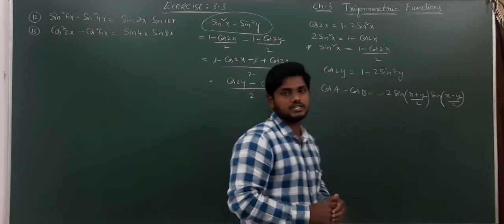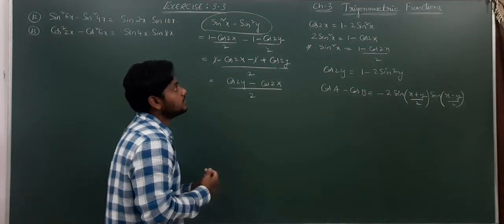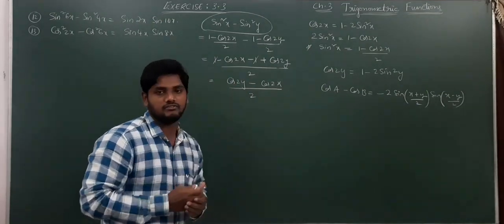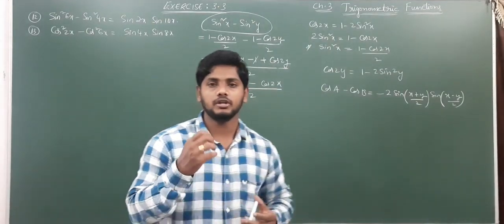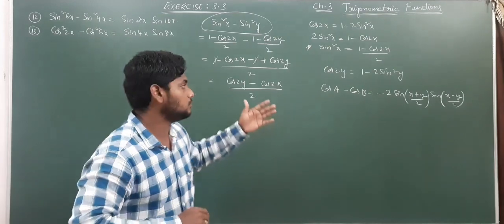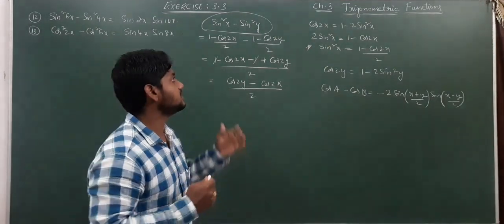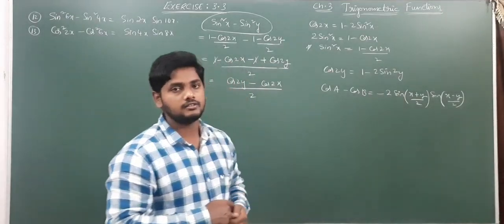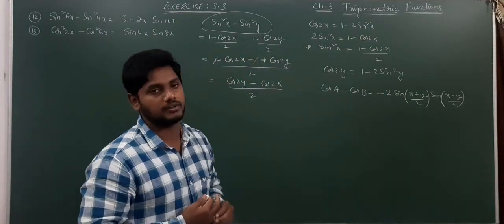Refer to the formulas once again before listening to the class. Why? Because when it comes to trigonometric formulas, every step needs a different formula. If you are unable to recall that formula, you cannot do the further step. So formulas are a must when we are doing trigonometric functions. So learn once again until you are perfect.